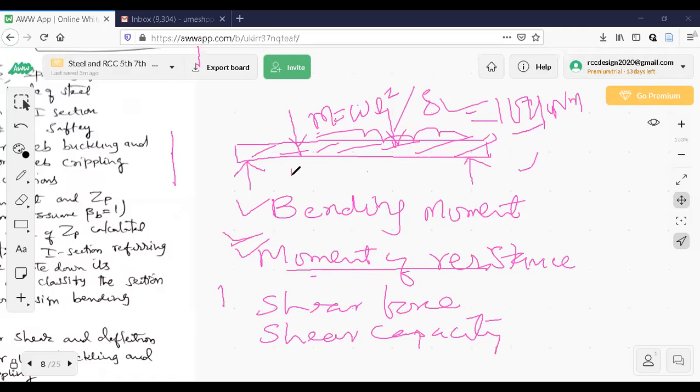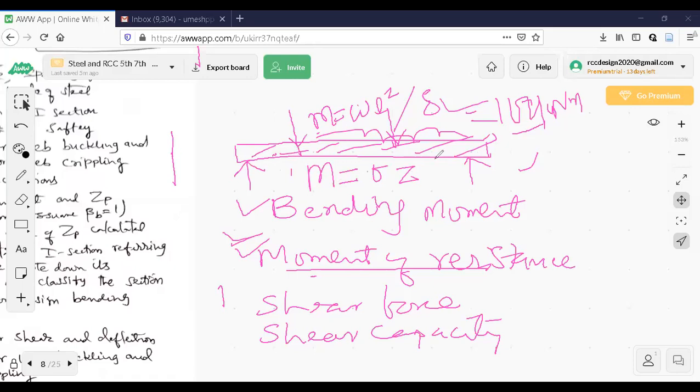Now I'll try using this one more pad I'm having. See this one. Moment of resistance is equal to sigma z. Are you understanding what I'm telling? Moment of resistance is equal to sigma z. Bending moment depends upon the loading condition and boundary conditions.